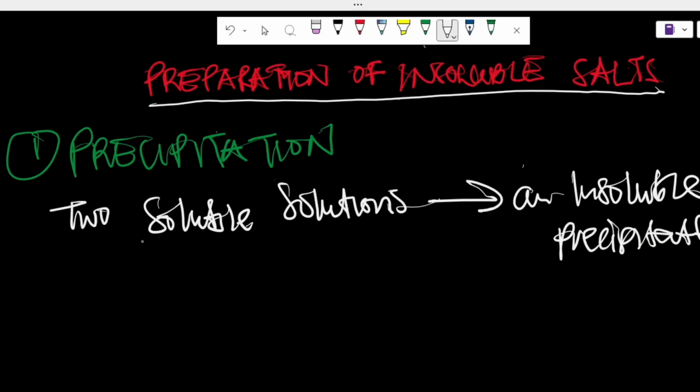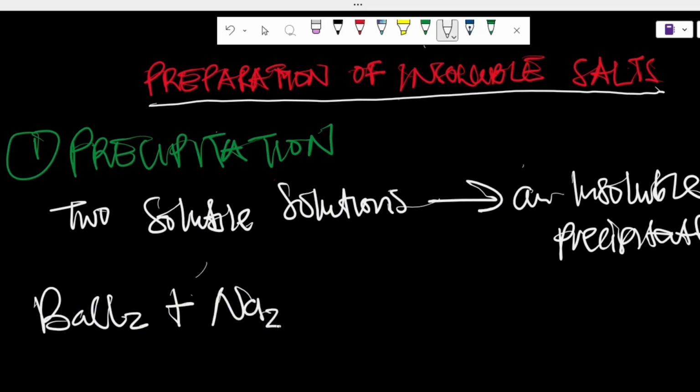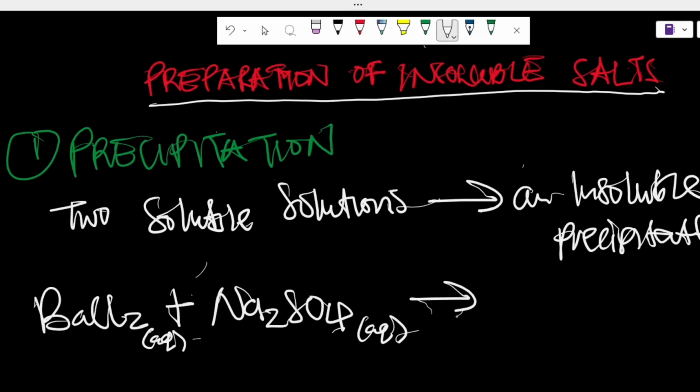So an example of this will be reacting barium chloride with, let's say, sodium sulfate. And these are in aqueous solution. And what you're going to get is barium sulfate, which is an insoluble salt, plus sodium chloride.